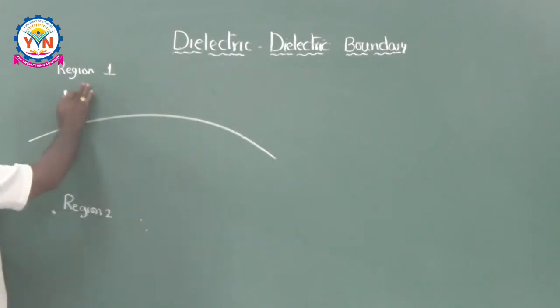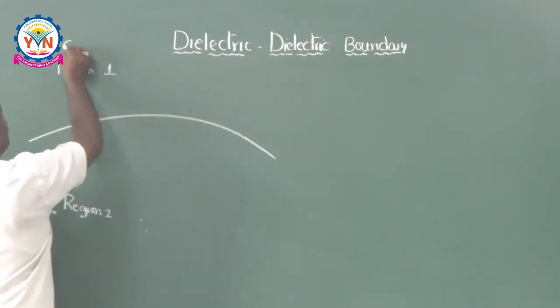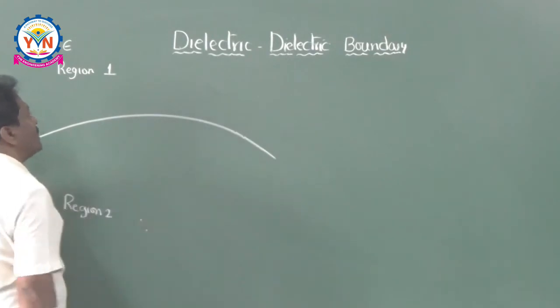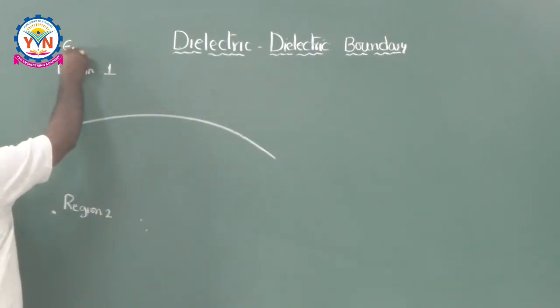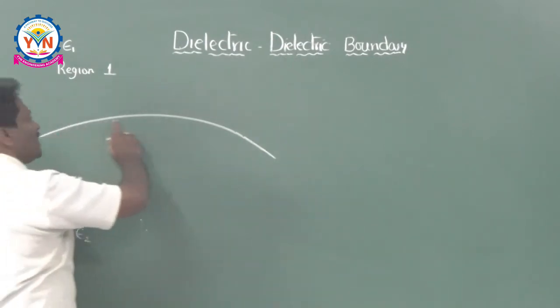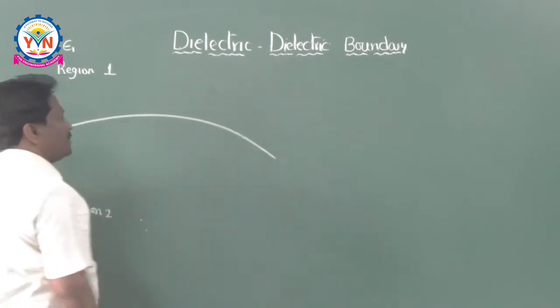A medium is always characterized by three parameters, epsilon, mu and sigma. As we are discussing electrostatic boundary conditions, let it be epsilon 1 and epsilon 2. These are the two dielectrics separated by this layer, which is nothing but the boundary.